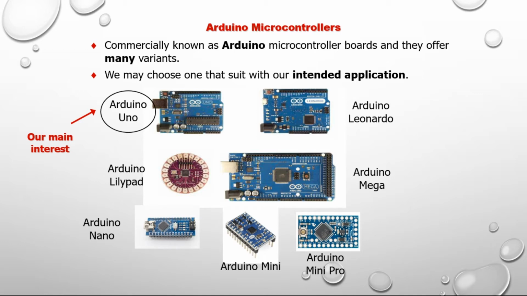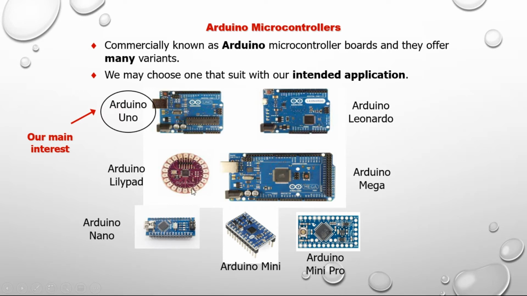In our class, our main interest is the Arduino Uno board. They also have Arduino Leonardo with different I/O numbers and different chips. We also have Arduino Mega, which has a bigger number of I/O and also uses a different chip.